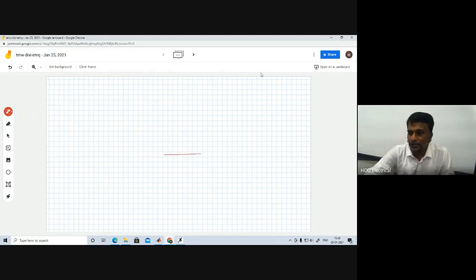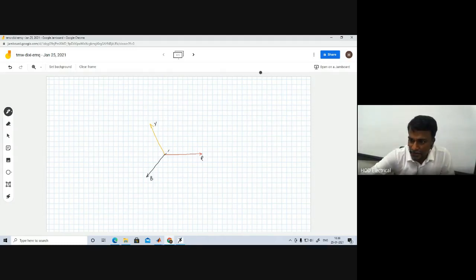R phase, then Y phase, then B phase. We have three phases with 120-degree displacement. This is B phase. Now, this is our R phase, this is our Y phase, this is our B phase.